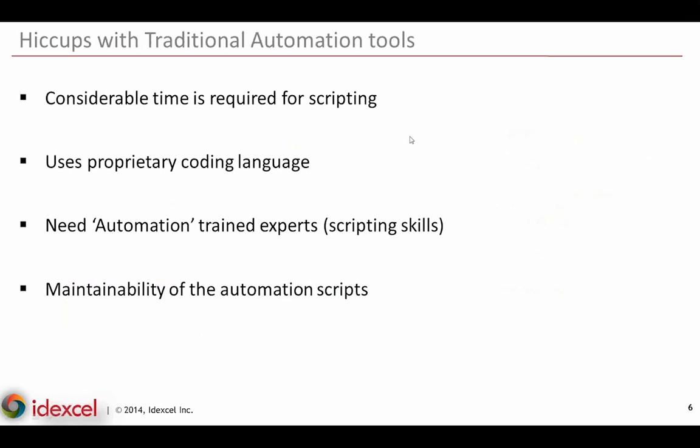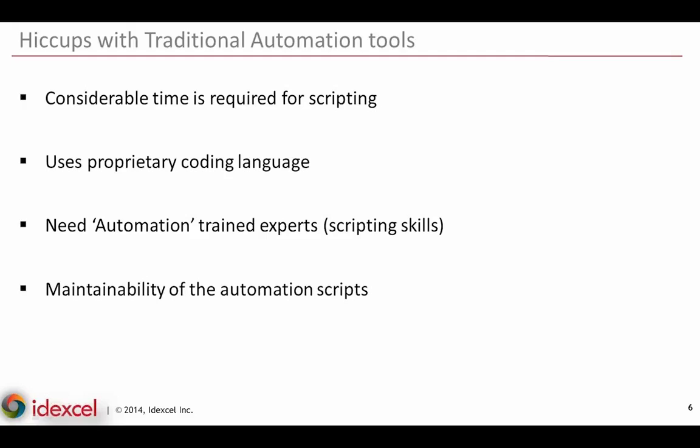So what are the different hiccups that you see with the automation tools? All seems to be rosy and fine, so why do you have any hiccups at all with the traditional automation tools and the process? Basically, a considerable amount of time is required for scripting. If you ask me, around 60 to 65% of the time that you spend in automation is invested towards test case creation, automation creation.